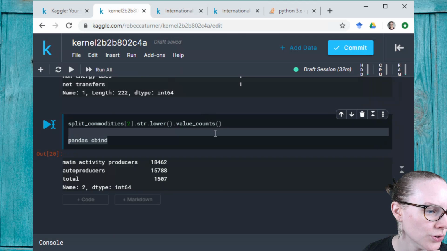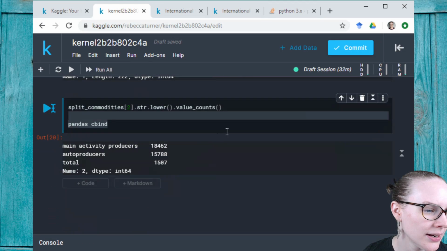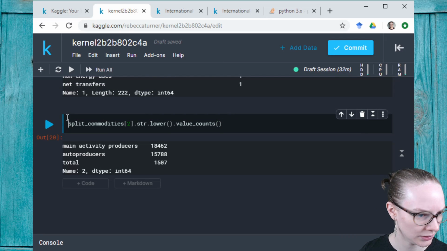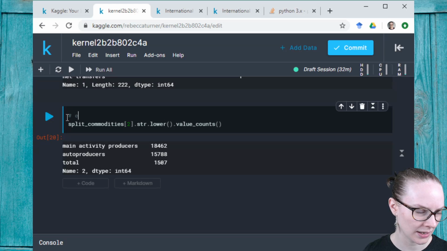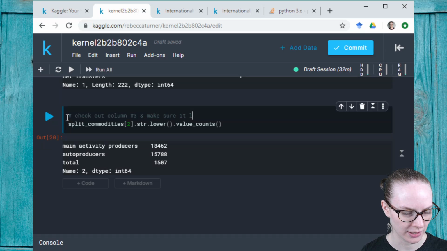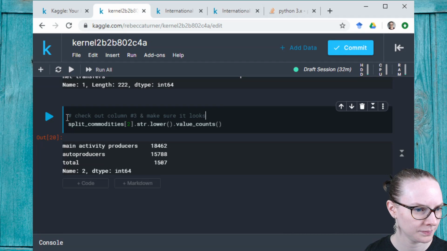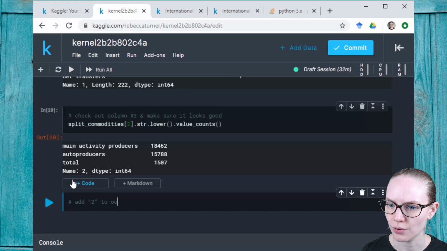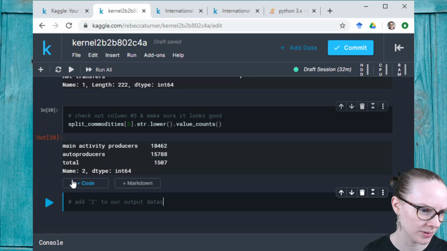So what I'm going to do is I'm going to join, check out column number 3. I know it's called 2, but it's the third one. And make sure it looks good. Add 2 to our output data frame.